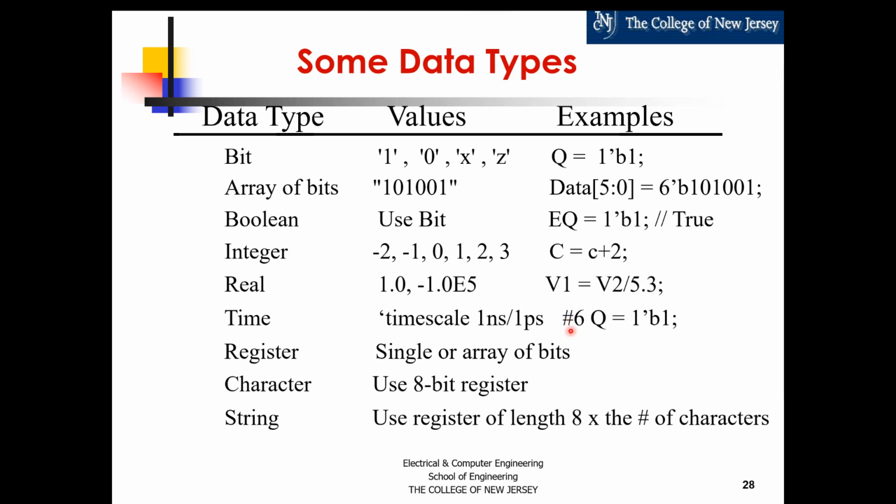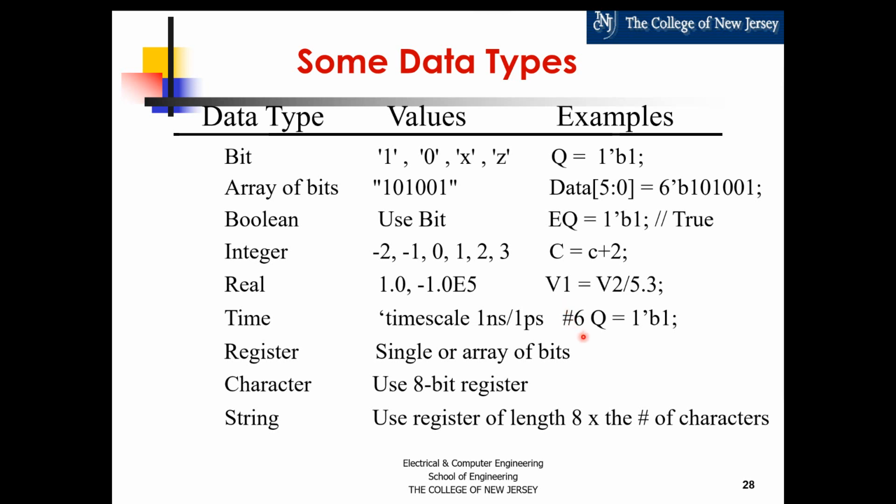That means pound 6, if I have the timescale as the first line of my file, and somewhere later I have this line, pound 6 Q equals 1'b1, when I simulate that, and the simulator encounters that line, it is going to look at this as a schedule operator, and the simulator has a now time. That's what it is during the simulation. There is a now time, what the simulation time is.